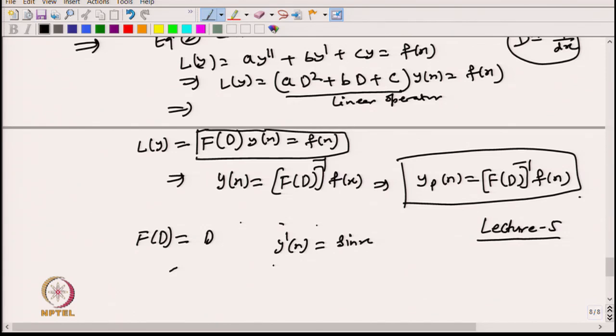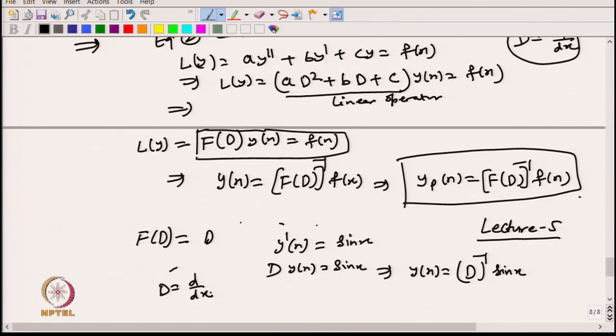In this case I can write this differential equation as D of y(x) is equal to sin x. And if I want to solve this one, from here I can define my y(x) as D inverse into sin x. Now, D is a differential operator and I know that D is d by dx.